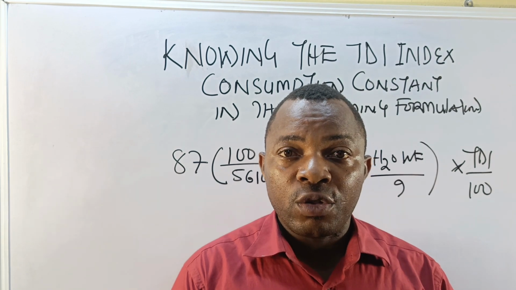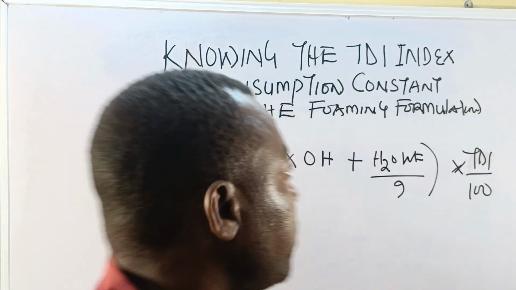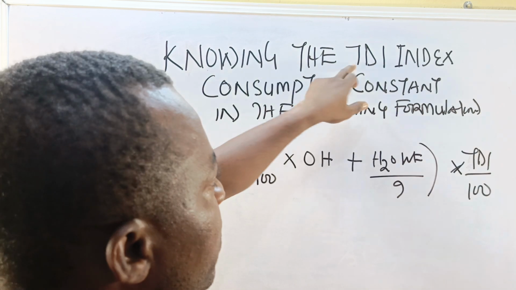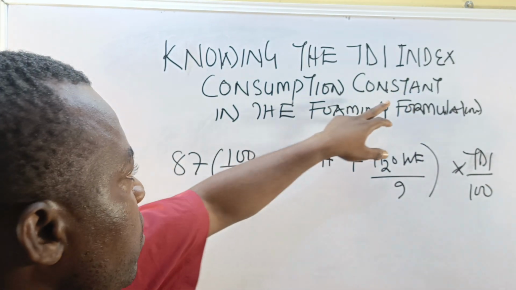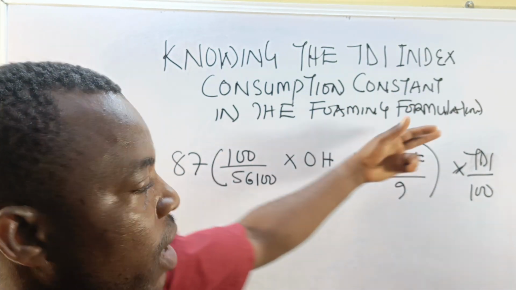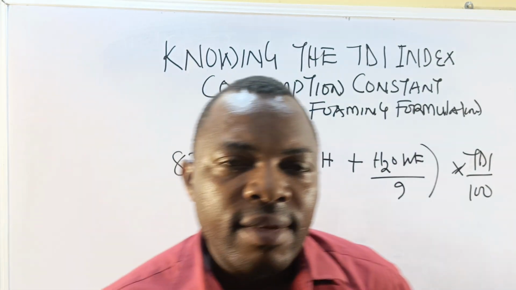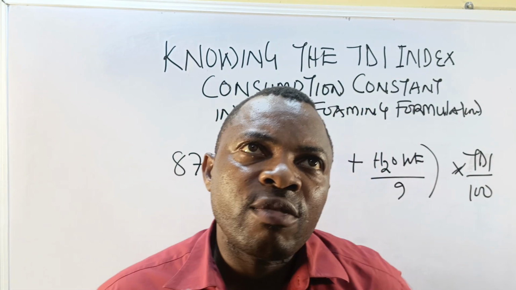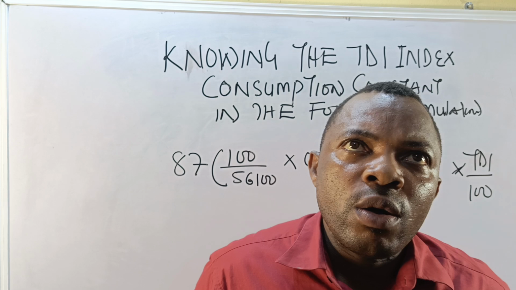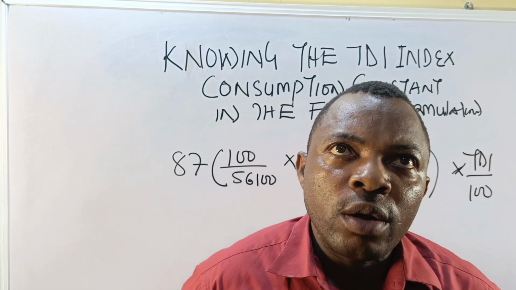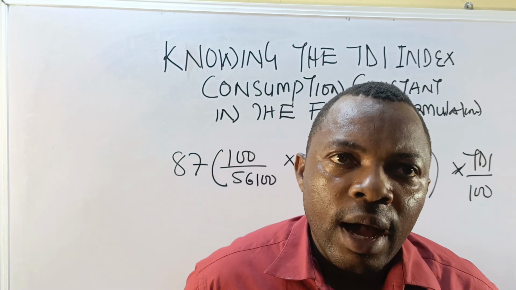In my presentation today, we shall be looking at knowing the TDI index consumption constant in the formulation. I can still recall someone asked me a question. He said, "Oh, well done, sir.